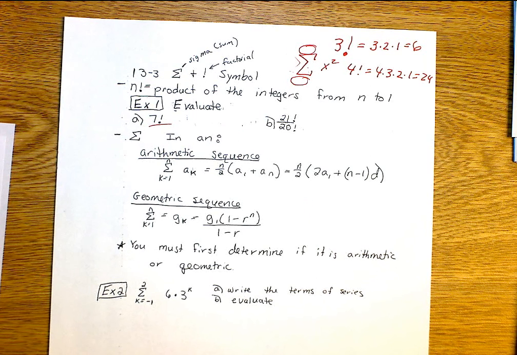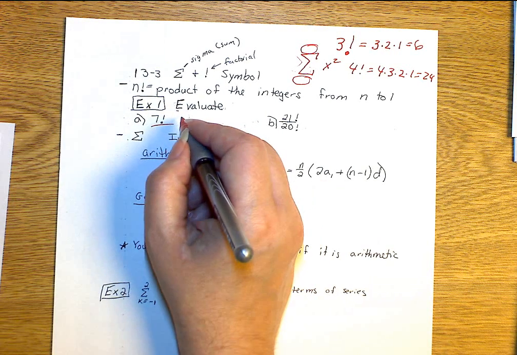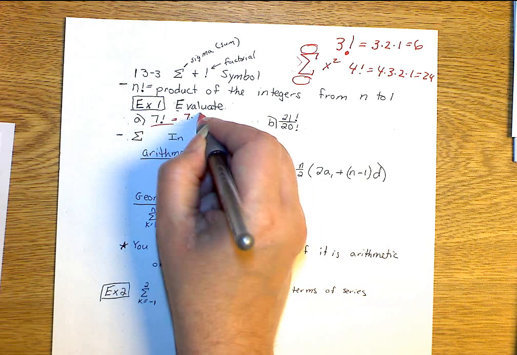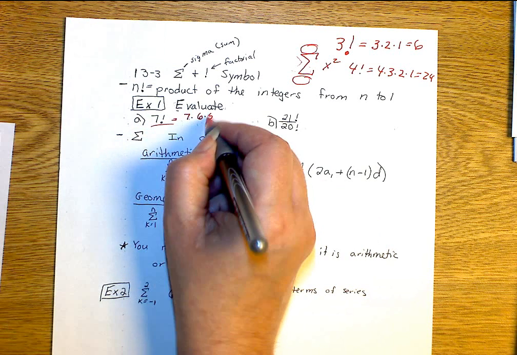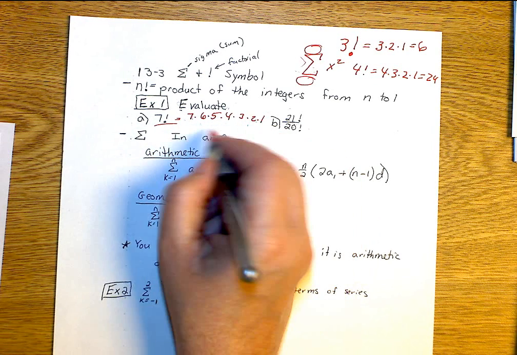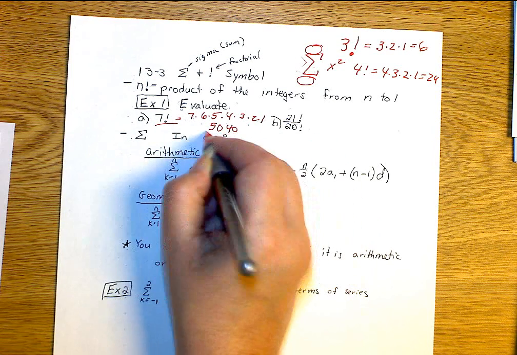So 7 factorial is 7 times 6 times 5 times 4 times 3 times 2 times 1. And what did you guys get? 5040. Very good.